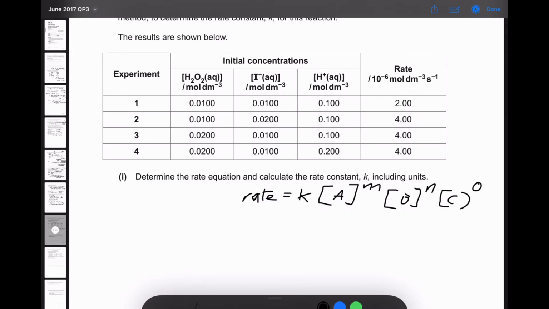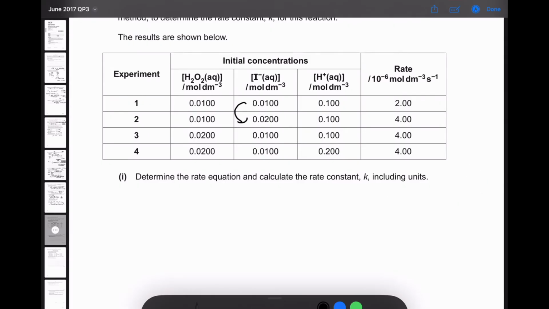We're going to use these changes in concentration to find the order of each and every reactant. So if we go to the table, we are doubling the concentration of our iodide, and we're also doubling our rate. So what does that tell us? It tells us iodide is first order.